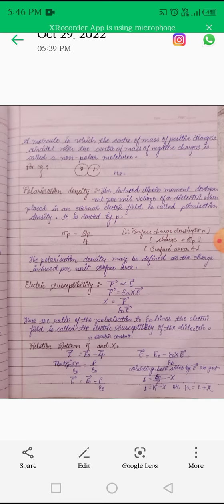Sigma minus sigma P upon epsilon naught equals P upon epsilon naught E vector equals epsilon naught minus P upon E vector.